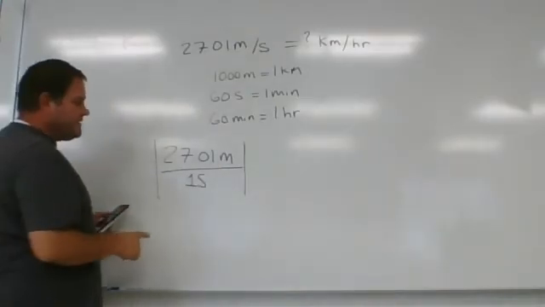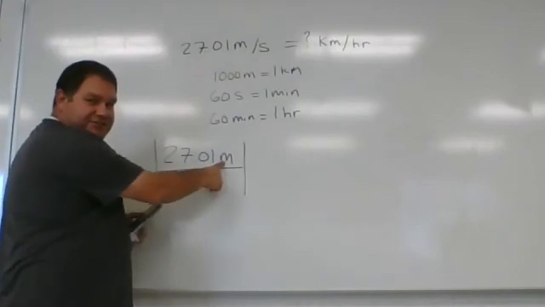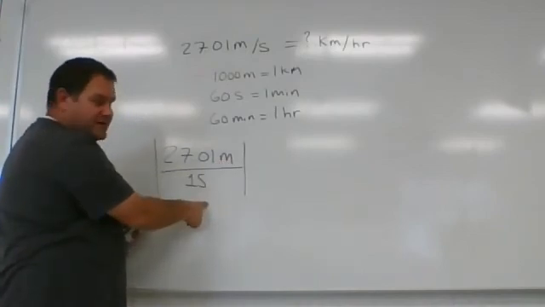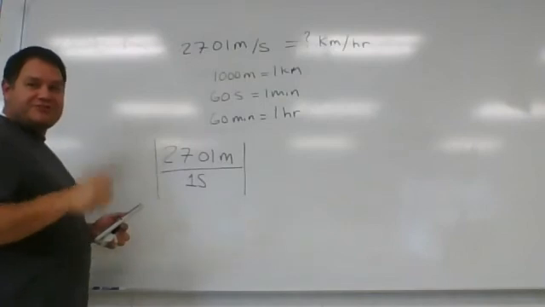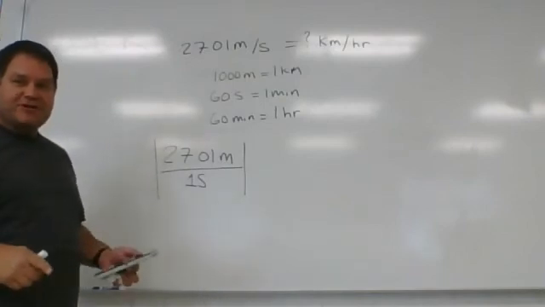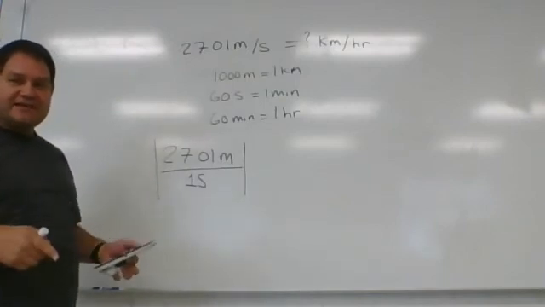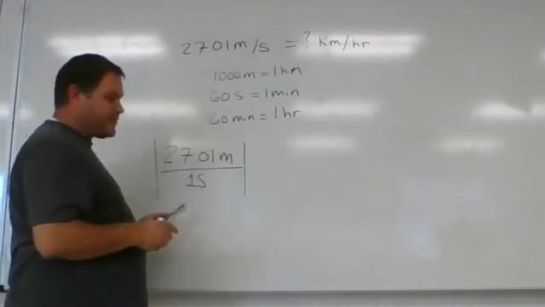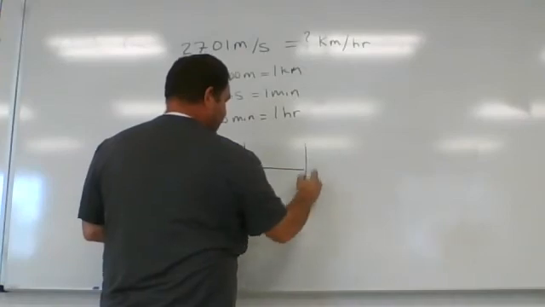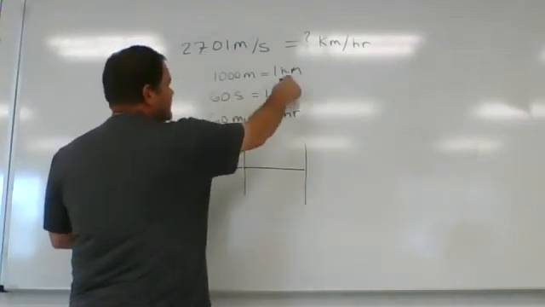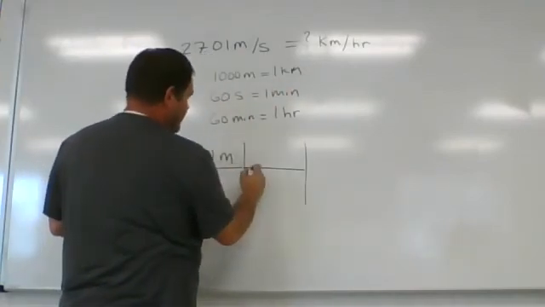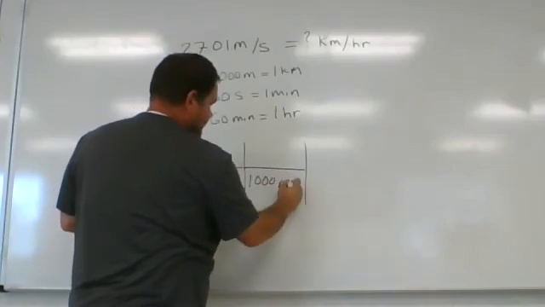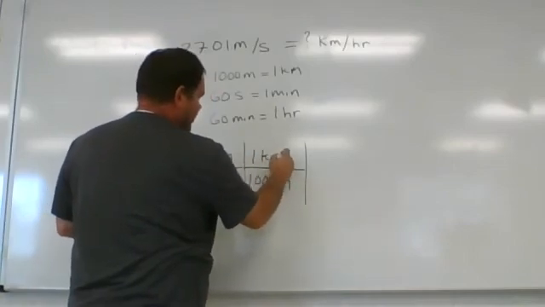So now I need to get rid of my distance unit or my time unit, one or the other, but choose one. It doesn't matter which one you choose first to eliminate. I'm going to go ahead and choose the meter, my distance first. And so I'm going to make my bracket here, and I'm going to use my distance conversion factor, 1,000 meters to 1 kilometer on top.